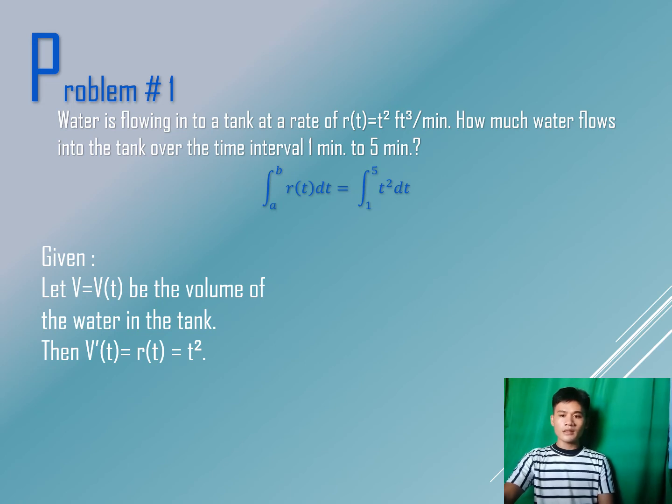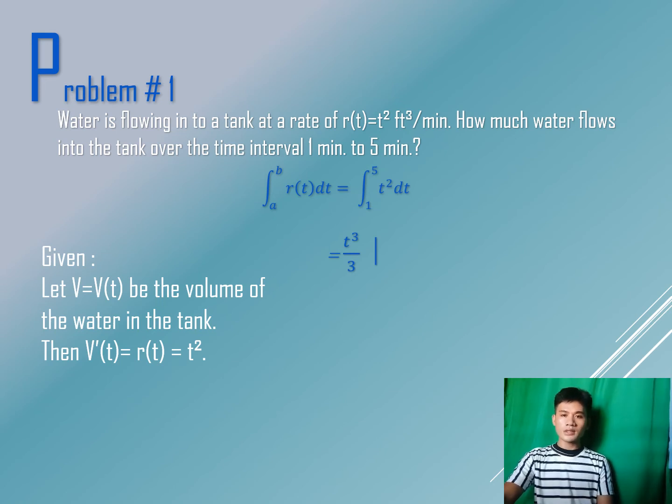Since in our given, r of t is t squared, we simply substitute it. So we have the integral of t squared dt evaluated from the lower limit 1 to the upper limit 5. We integrate t squared and come up with t cubed over 3.